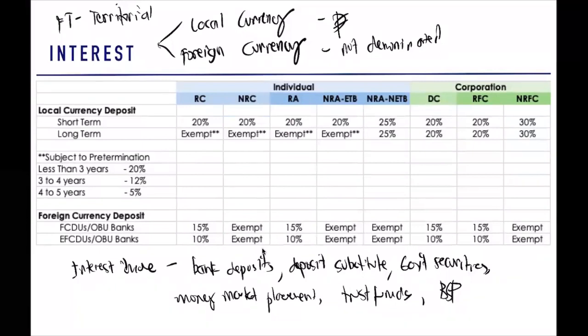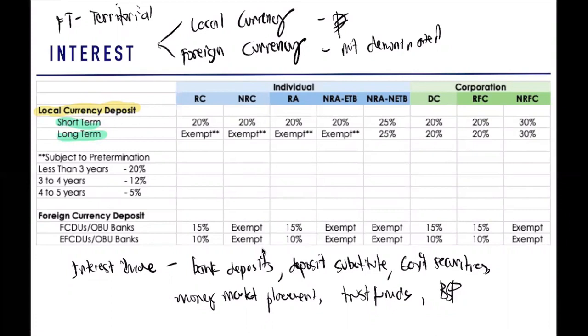If that is a local currency, guys, here, you look whether it is short term or long term. Okay. So if that is a local currency, short term, look at the tax rates.